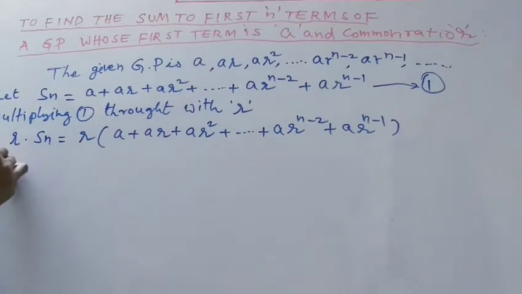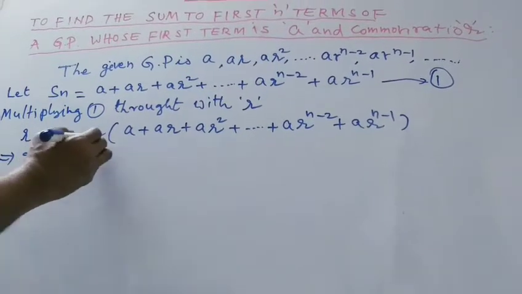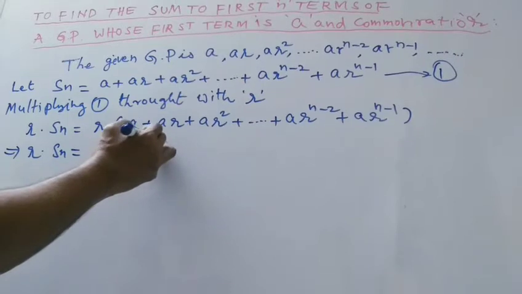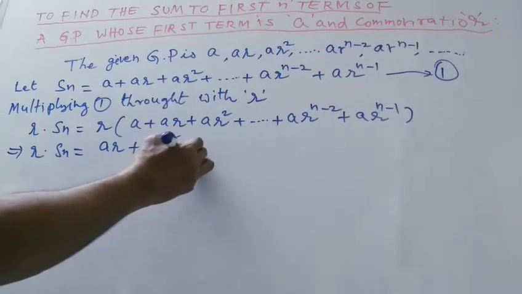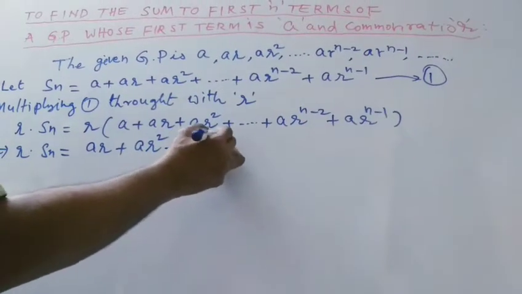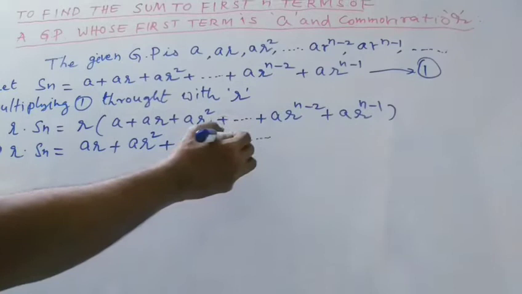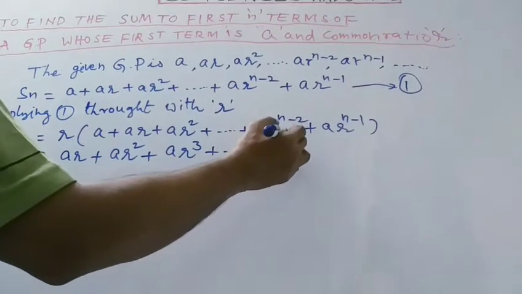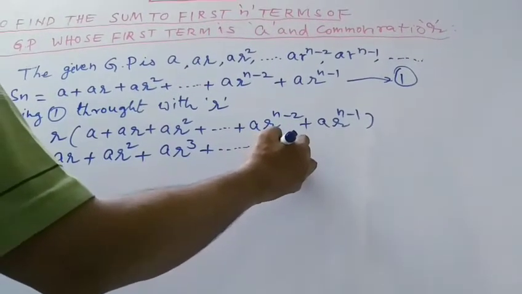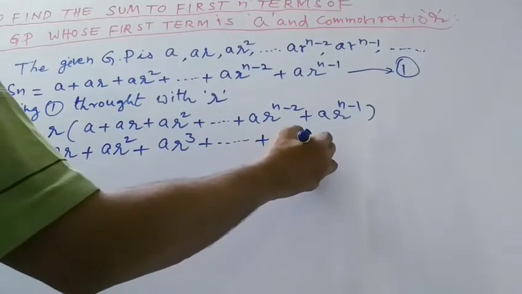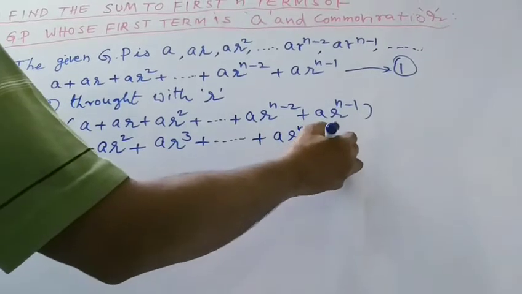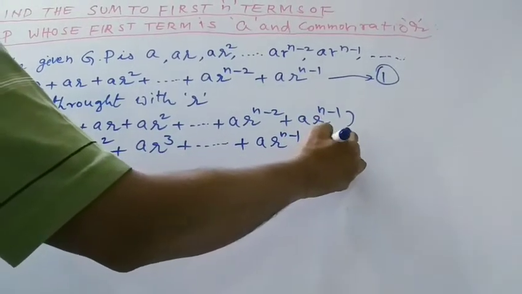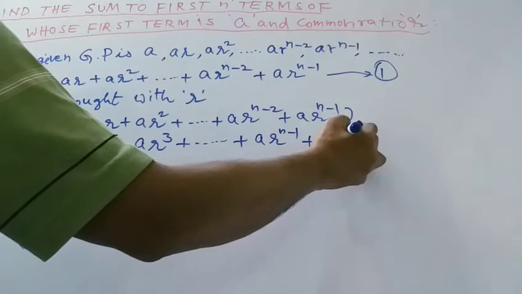It implies r into Sn is equal to r into a plus r into ar plus r into ar square plus and so on plus r into ar to the power of n minus 2, r into ar to the power of n minus 2 becomes a into r to the power of n minus 1, plus r into a into r to the power of n minus 1 becomes a into r to the power of n.